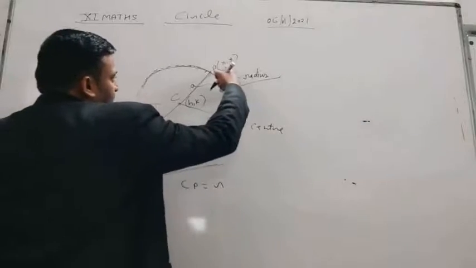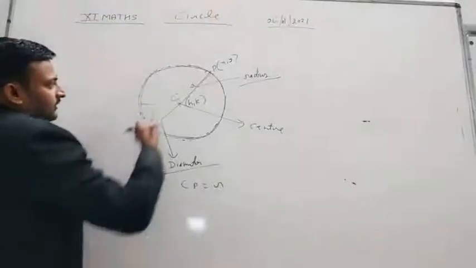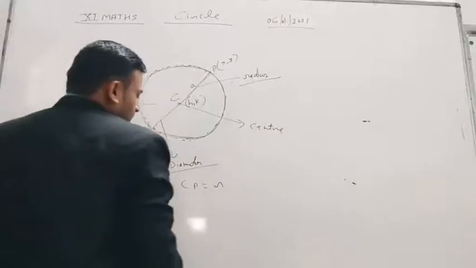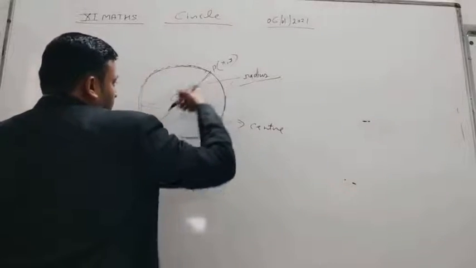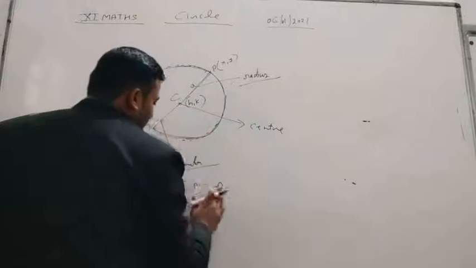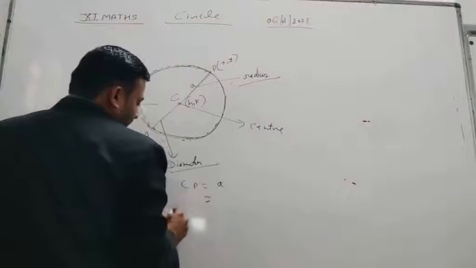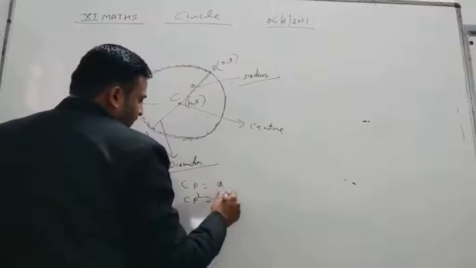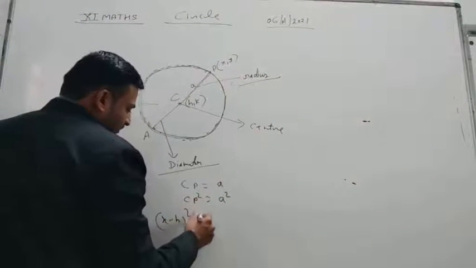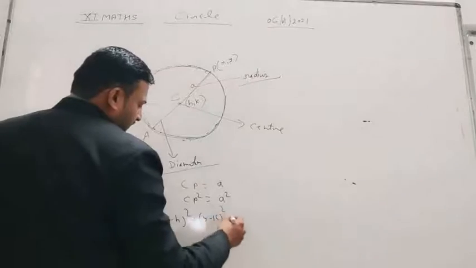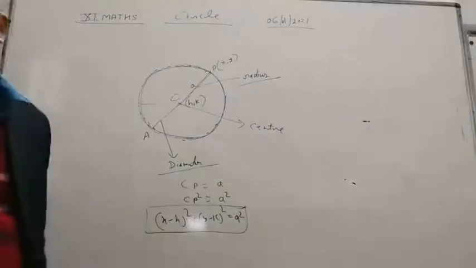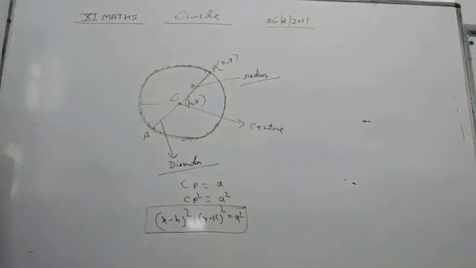C has the coordinates (h, k) and P has the coordinates (x, y). The distance between two points, we have written a, so CP square is a square. So we write (x minus h) whole square plus (y minus k) whole square is equal to a square. This is the equation of circle.